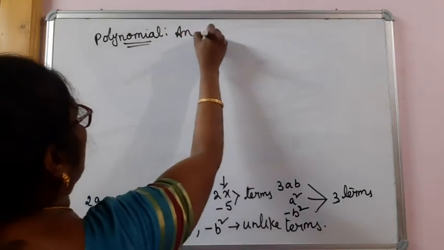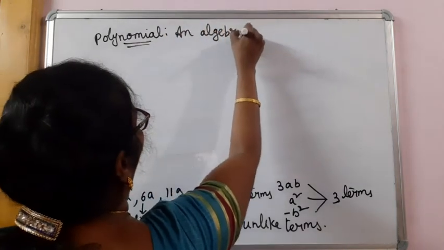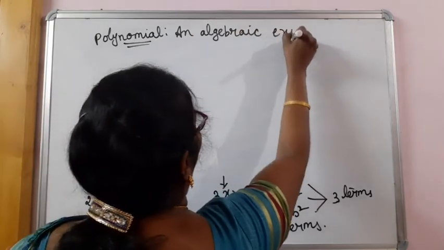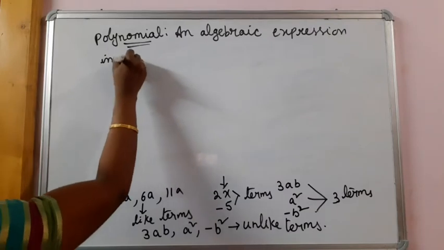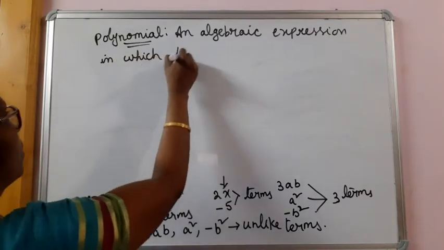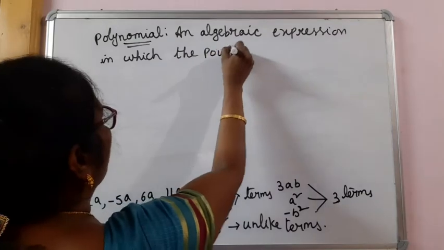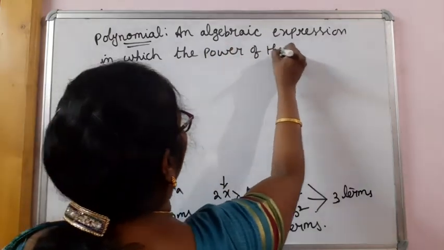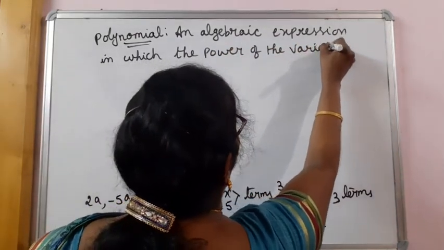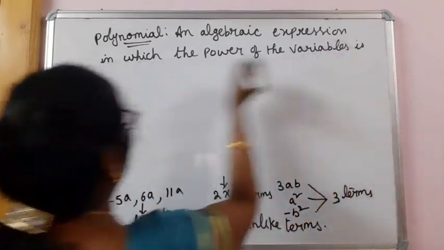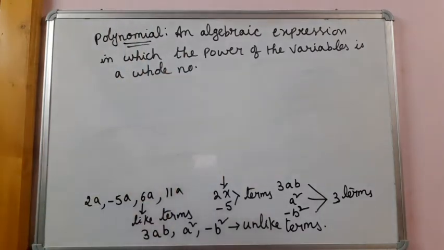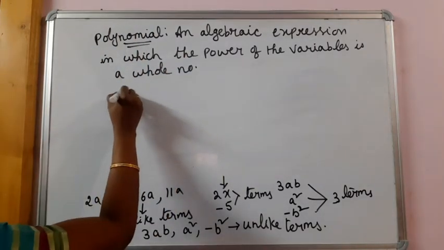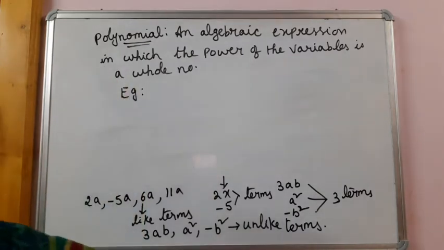An algebraic expression in which the power of the variables is a whole number is said to be a polynomial. Let me give you some examples which are polynomials and which are not polynomials.